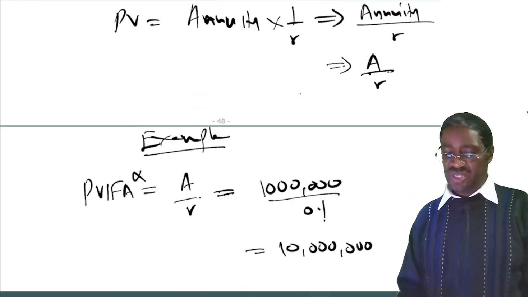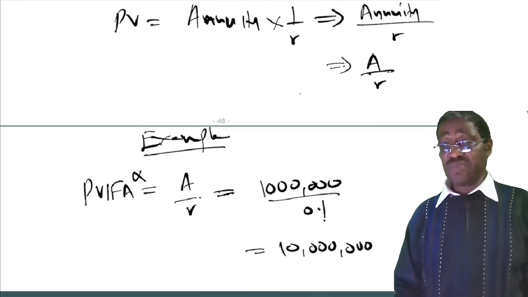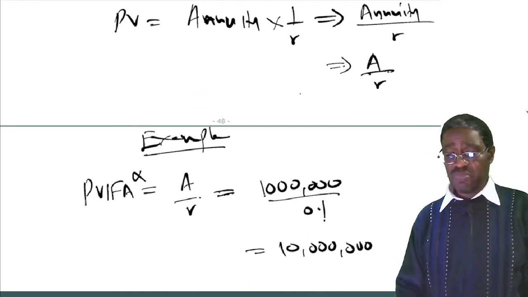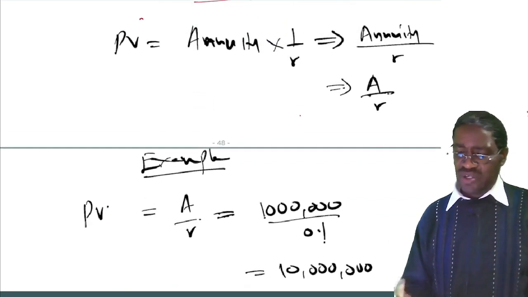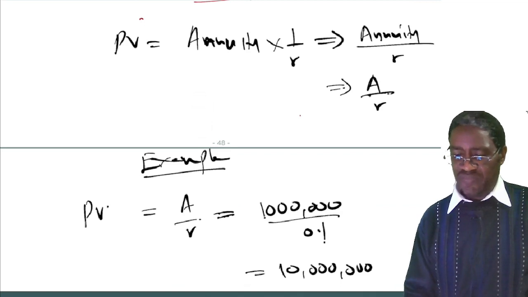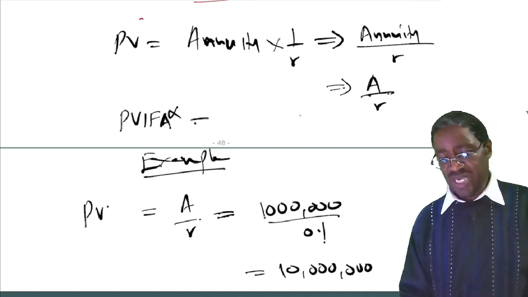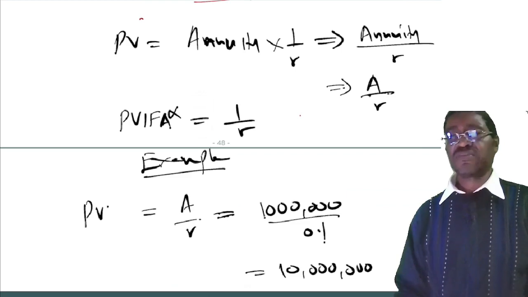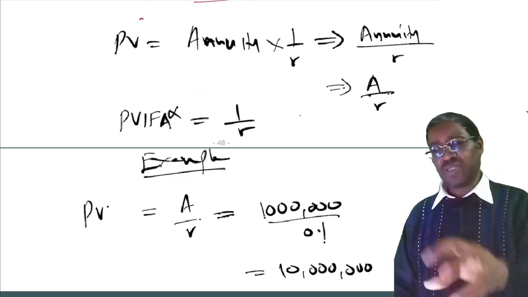What I could do is this. Let me put it right so I don't mix you up. Listen. This will still remain present value. But the one I'm referring to as the present value interest factor of annuity into perpetuity is this one divided by R. That is the present value interest factor.